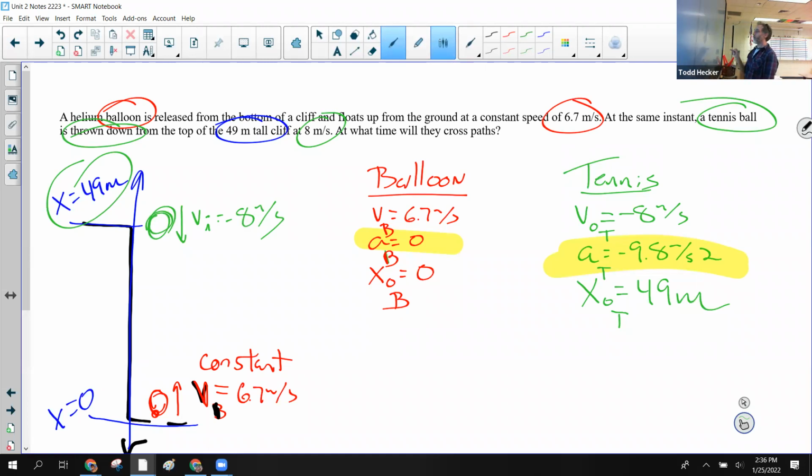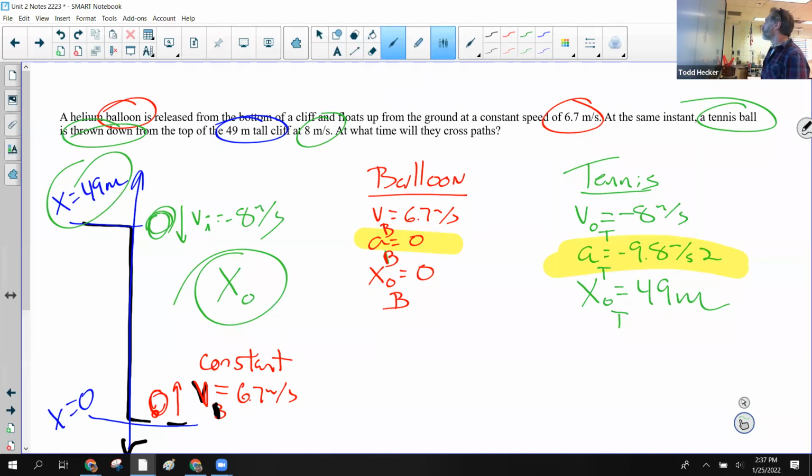That way, it also helps me understand what these two different starting positions are. This x0B is the starting position of the balloon, and the x0T is the 49 meters for the tennis ball. Also, I should comment on this. I just said "x-naught." That's how you say initial position. Usually people say "x-naught." Not "x-nought," which means 0 in, I don't know, British or something.